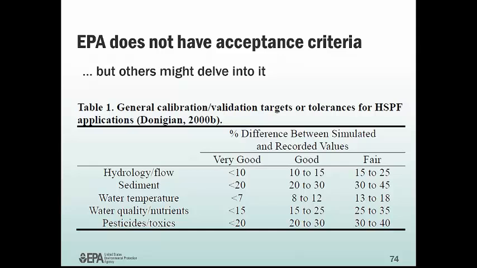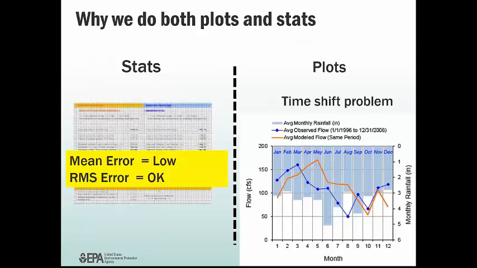Your project team can take this kind of information into account as you go through calibration, but you're not compelled to reach a certain error level. Frankly, it may not be possible to reach some of those benchmarks that are being offered by others. More about that in a little bit.